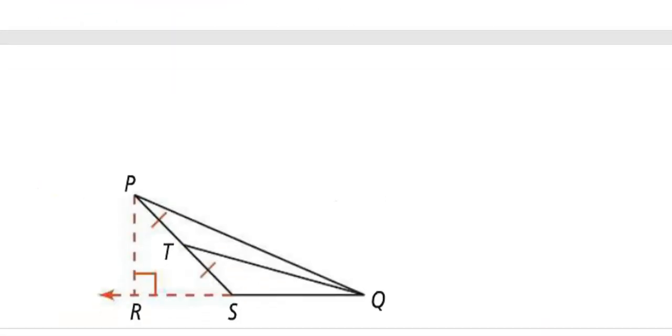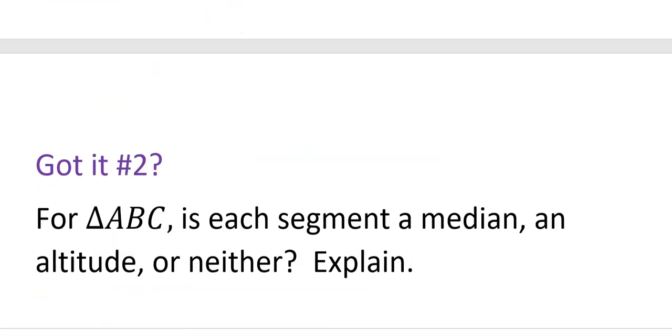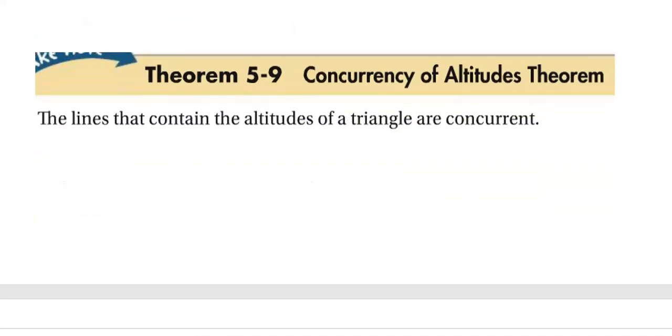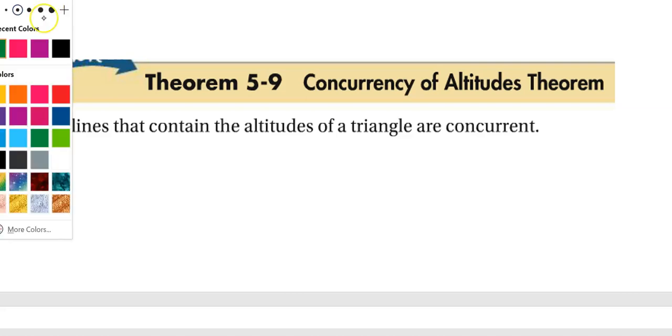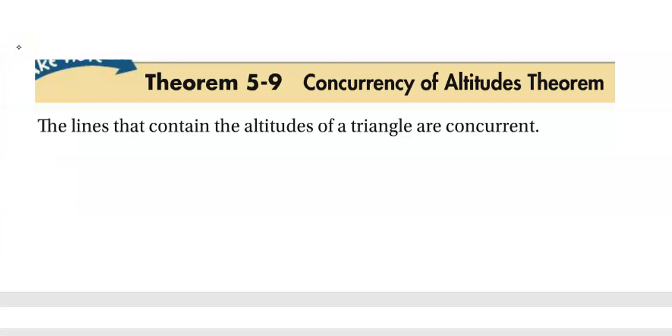Okay, so I'm going to zip down here to this one. Go ahead and write this one down as well. It's the concurrency of altitudes, and like I said before, this one is the orthocenter.